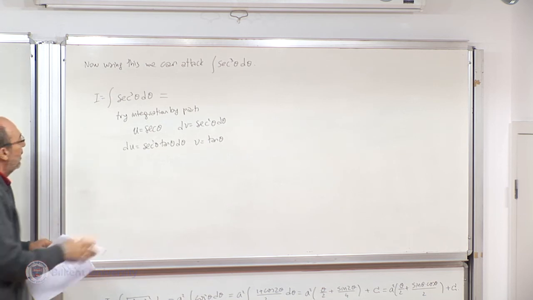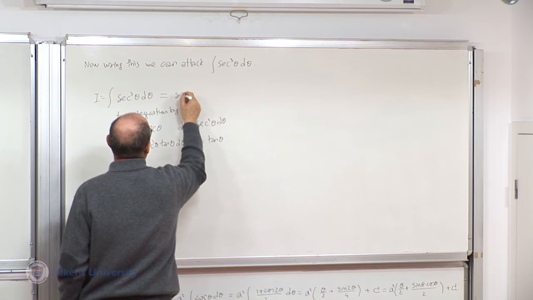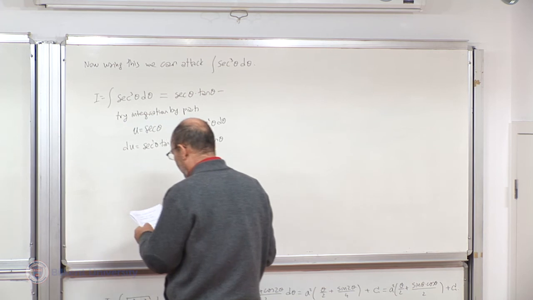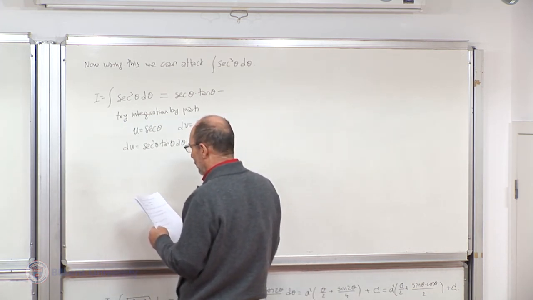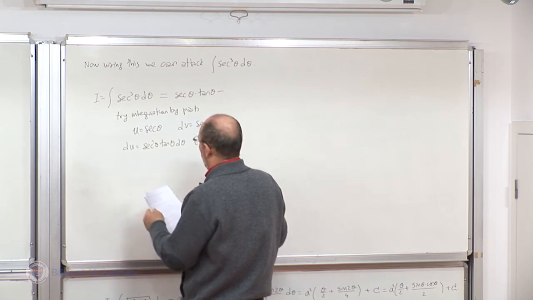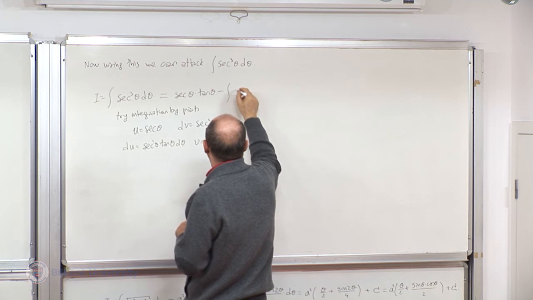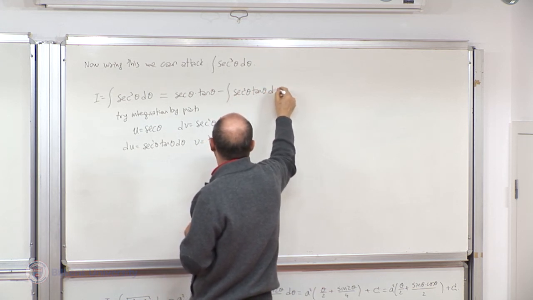Now let us put these in here. I multiply this and this, so this is secant theta tangent theta minus the integral of secant square theta tangent theta d theta.